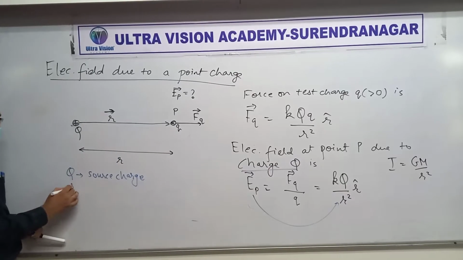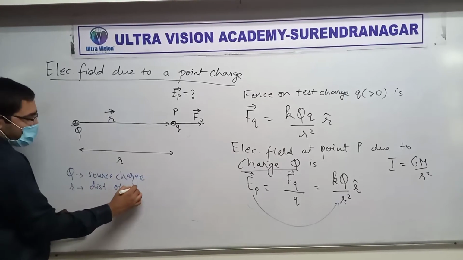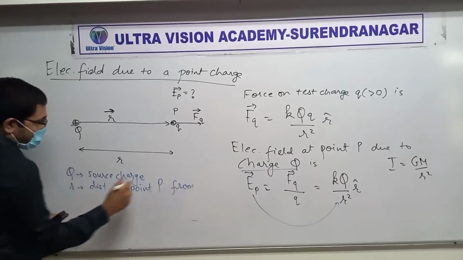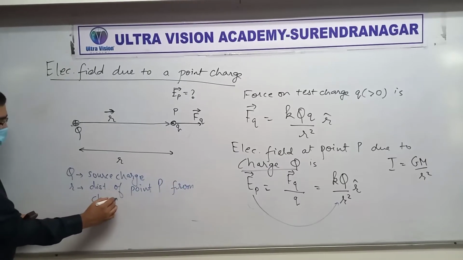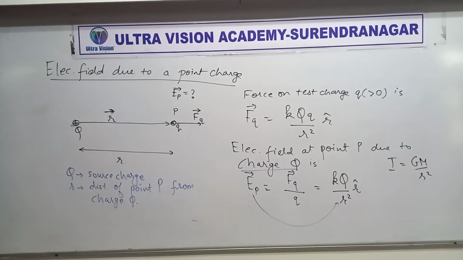Then small r stands for distance of point P from where? From charge Q, or from the source. Understood? Everything else is known.